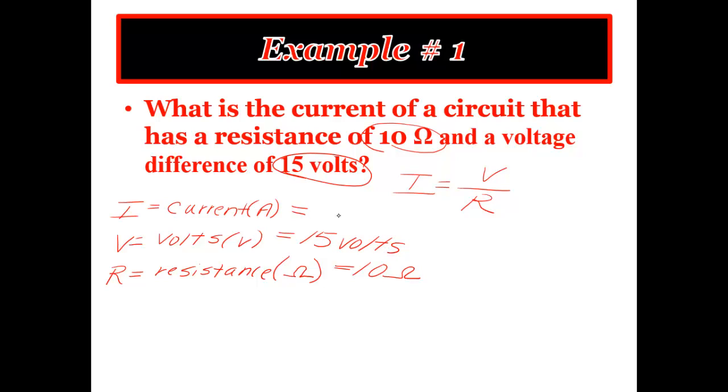We're trying to find the current. This is a straight division problem: I equals V, which is 15, over R, which is 10. So we're taking 15 divided by 10, which is 1.5, and it's current, so it's going to be in A. Hopefully this is a lot easier than that last equation, Q equals S times M times delta T, but we'll see.